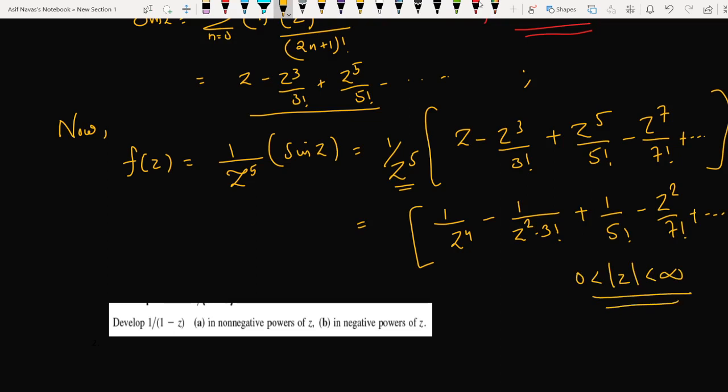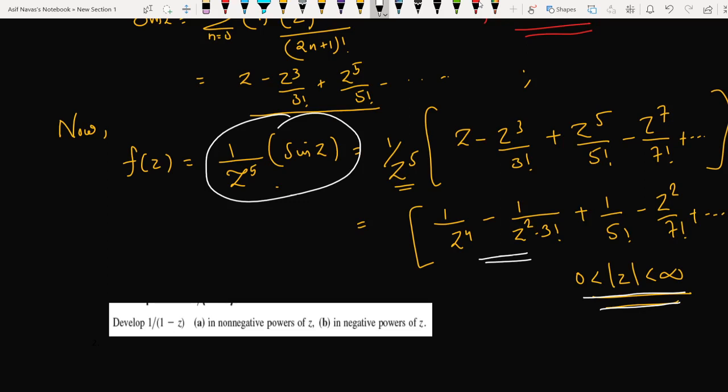So this is a series representation of f of z on this annular region, and thus by uniqueness this must be the Laurent series expansion of 1 by z raised to 5 sin z.